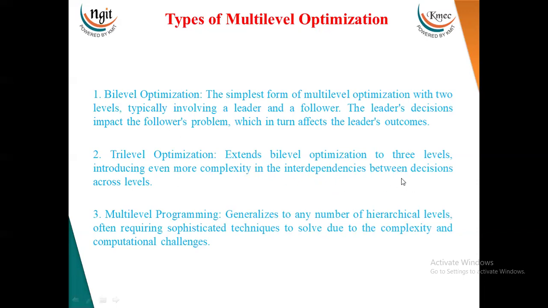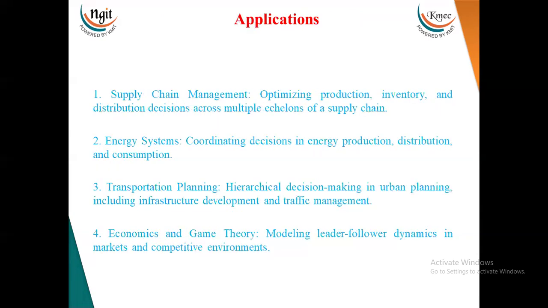Remember the output of the lower level will be considered for the upper level optimization. And multi-level will have the hierarchical levels. So it will have more computational challenges and all the levels have to be worked according to the required decision or constraints for each level.